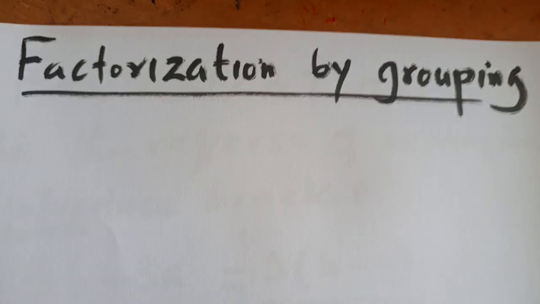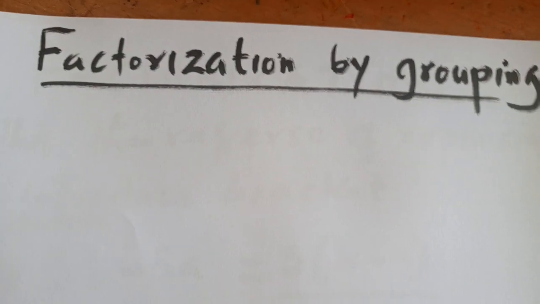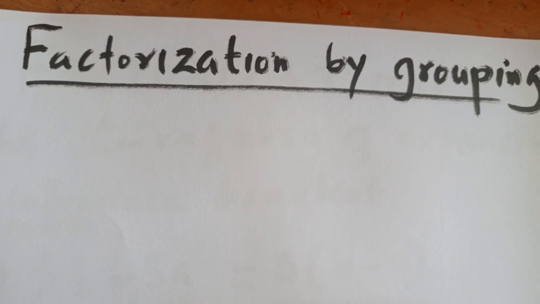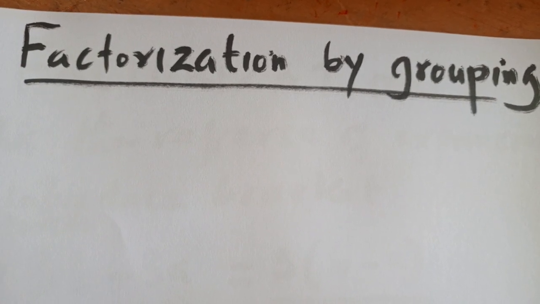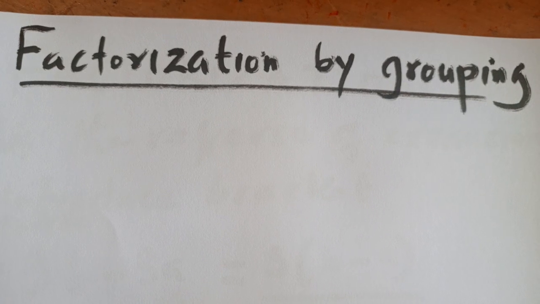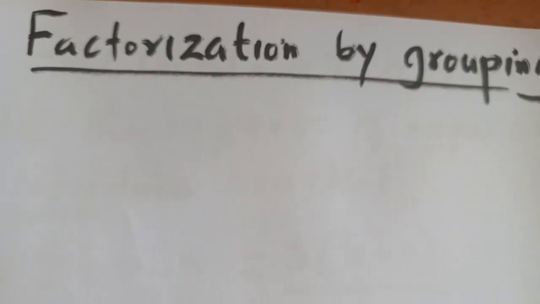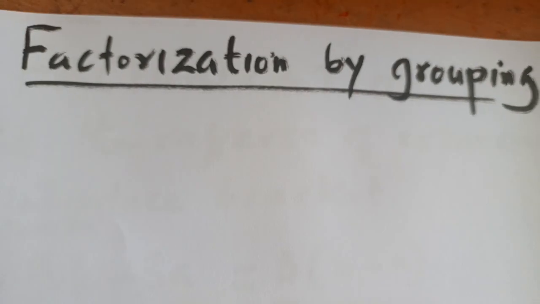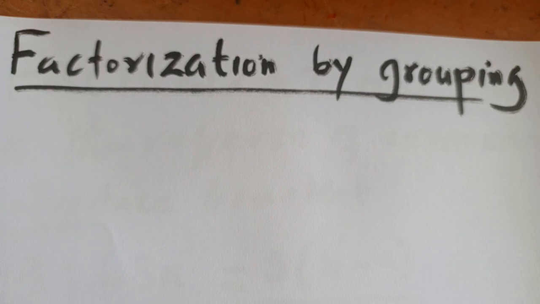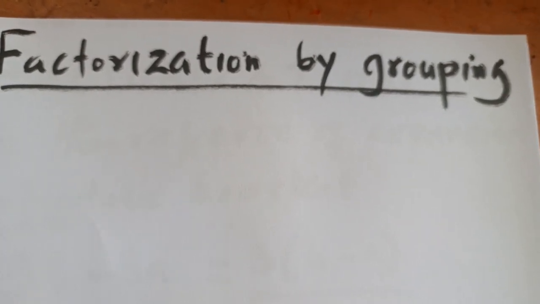Now, there are instances when factorizing an algebraic expression in the normal way, as we have seen previously, is not very possible. Remember, we said that for us to factorize an algebraic expression, we look for a common term or common terms in that expression.